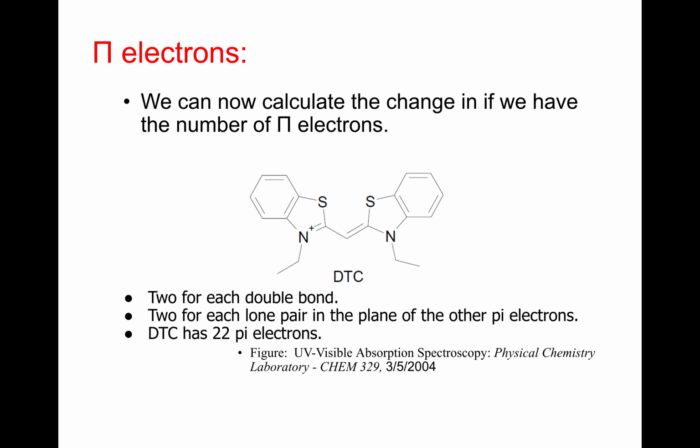One of these lone pairs is roughly in the plane of conjugation, while one of these pairs is away from the plane of conjugation. So we consider one of those lone pairs on each of the sulfur atoms, okay? So 2 pi electrons each. So we have 2, 4, 6, 8, 10, 12, 14, 16, 18, 20, 22 pi electrons for DTC, okay?